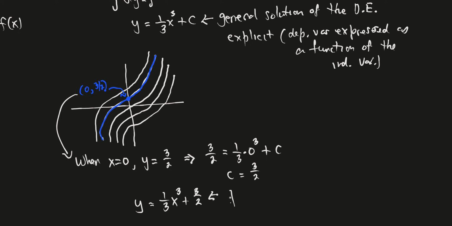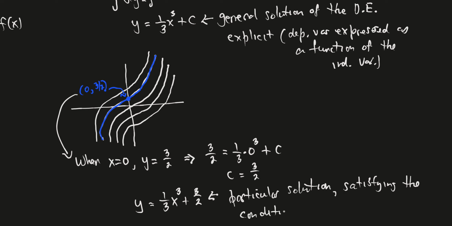So this is called the particular solution satisfying the condition, right? That this point defines. So the condition, you can write it several ways.